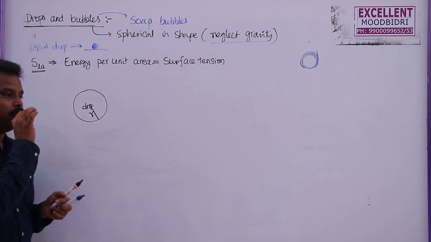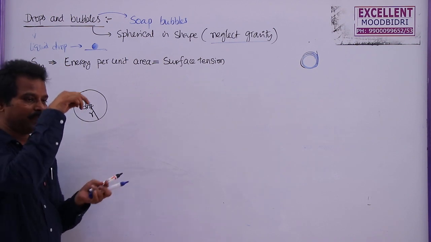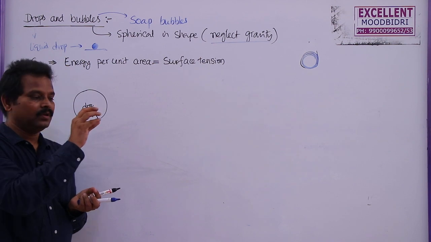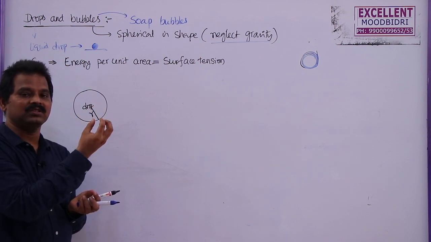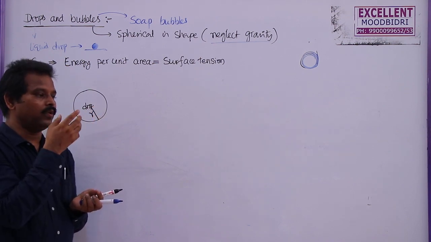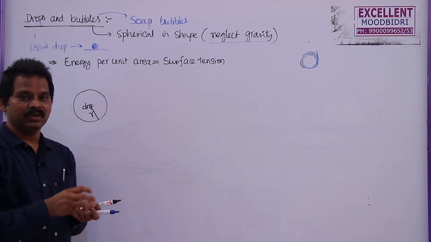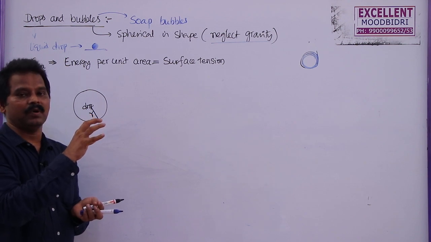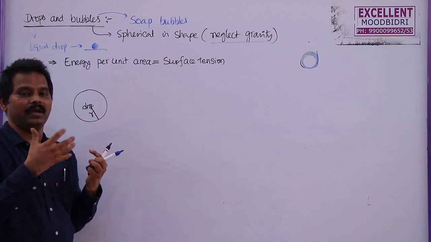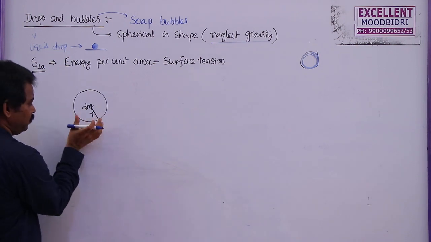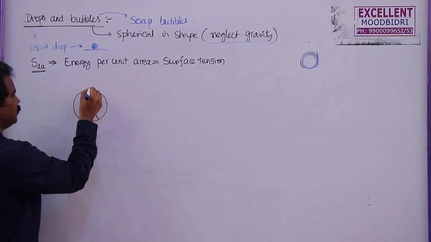Just like blowing air through a small device dipped in the soap solution, if you do less work, you will get soap bubbles of small surface area. If you do more work, if you blow more air, the size of the bubble will be more. That means to increase the size of the bubbles, you need to blow more air, which means you are doing more work. Now here also, I want to increase the size of this drop.